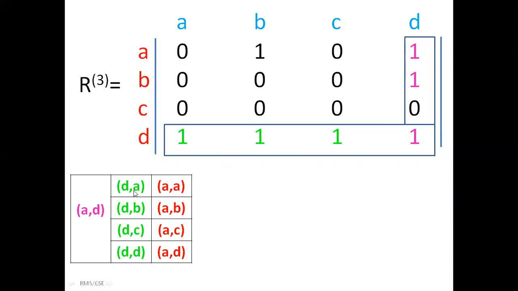These are D comma A in red color, D comma B, D comma C, D comma D. So now merge AD from the column with all 4 ones available in the row. I get A to D, D to A as AA, AD, DB becomes AB, AD, DC becomes AC, AD, DD becomes AD. So now in R power 4, AA, AB, AC and AD will get the value 1.